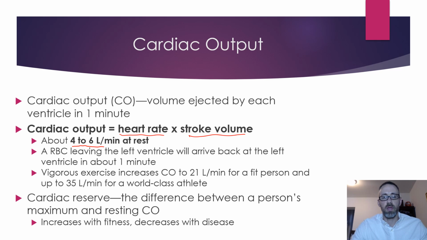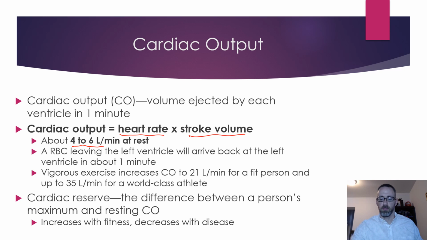Now, a way I like to put this is that if we are ejecting 5 liters per minute of blood out of both ventricles, it would be the same amount, the same cardiac output, in the right ventricle as the left ventricle. So 5 liters per minute going into the pulmonic circulation and 5 liters per minute going into the systemic circulation. They're identical.